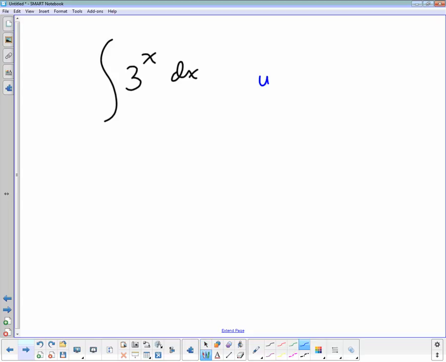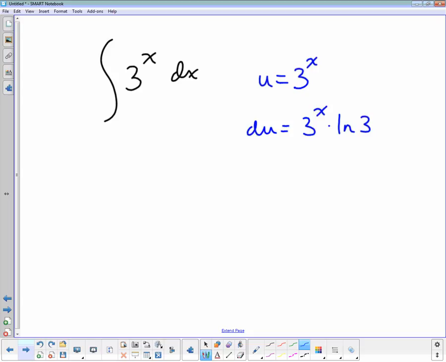Well, let's say u is equal to 3 to the x. Now let's solve for x and see what we get. Well, first of all, the derivative of u, du, would be 3 to the x times the natural log of 3, times the derivative of x, which is 1 in this case.